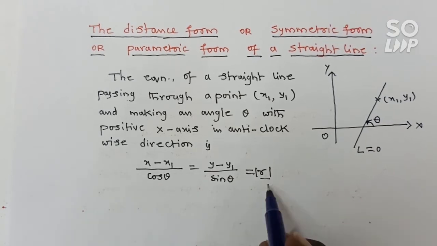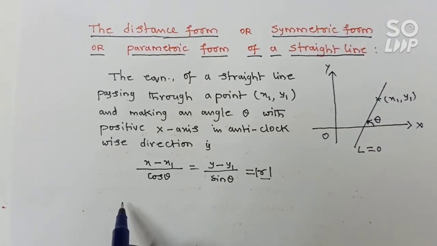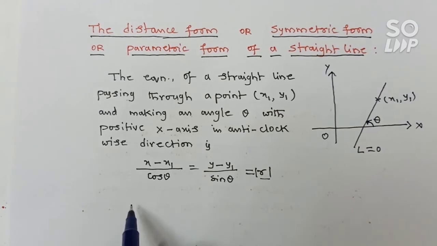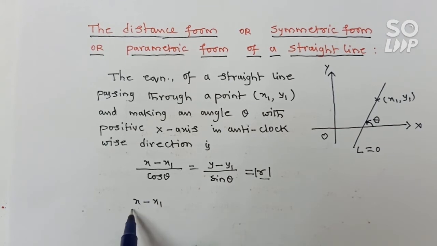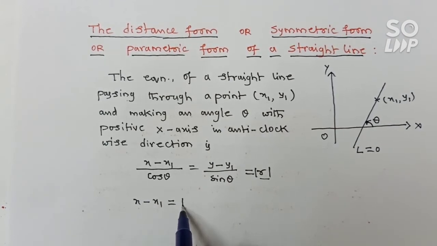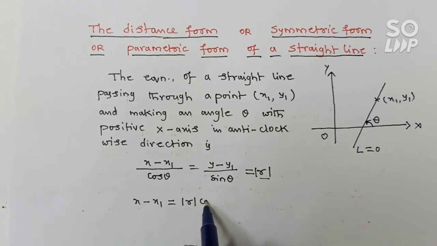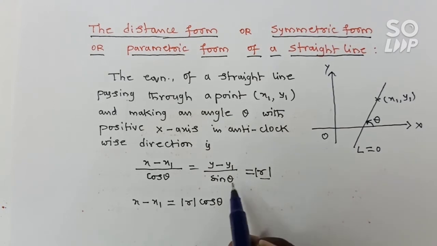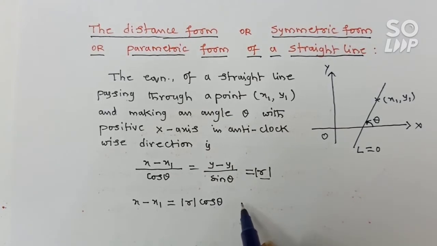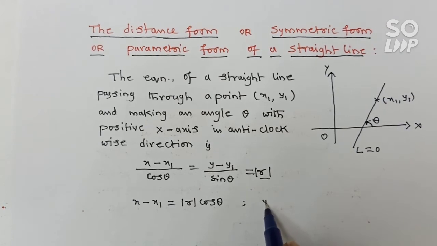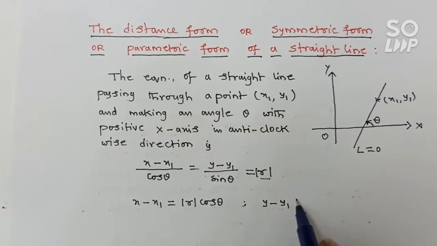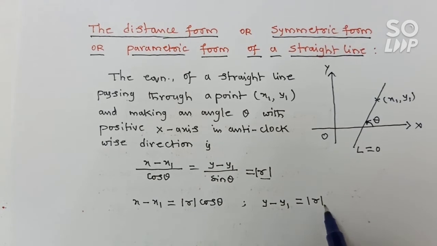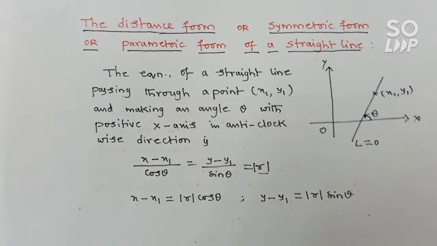By equating the first ratio and the constant, x minus x1 is equal to modulus of r into cos theta. By equating the second ratio and the constant, y minus y1 is equal to modulus of r into sin theta.